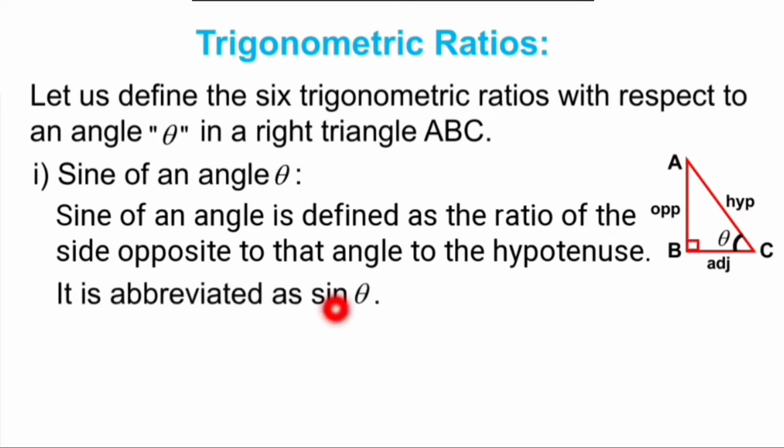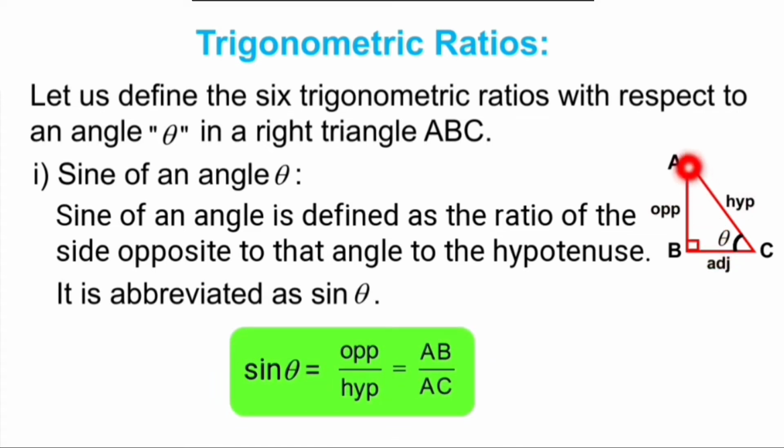Children, it is abbreviated as sin theta. Therefore, sin theta is always equal to opposite side by hypotenuse. From the figure, the opposite side is AB and the hypotenuse is AC. Therefore, sin theta is equal to AB by AC.